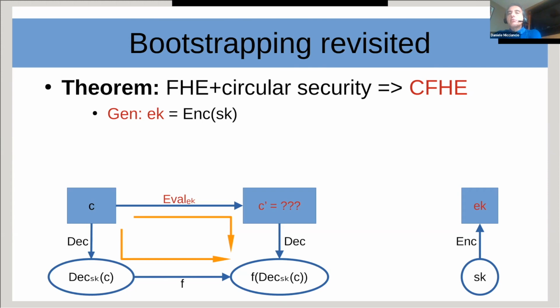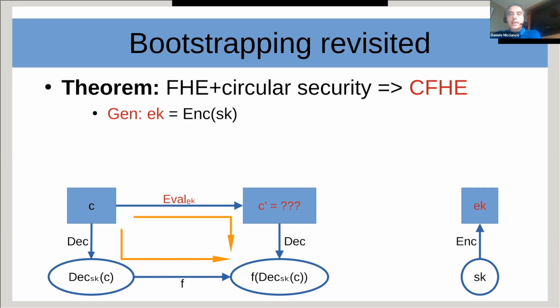And we want now to define how this evaluation function operates on an input ciphertext C to produce a ciphertext C prime. Now remember, what we want from C prime is to decrypt to a certain value, which we know how to compute. So how can we get a ciphertext with a certain decryption property?